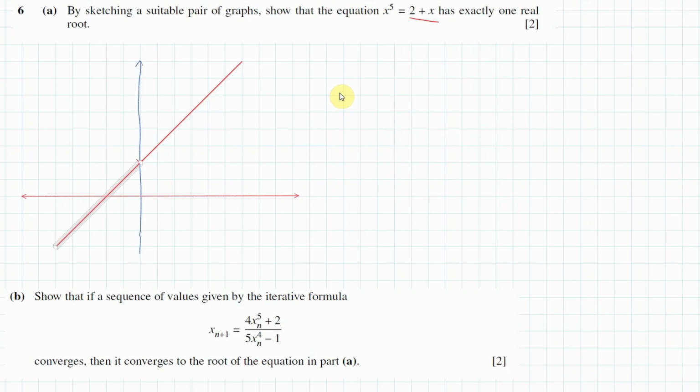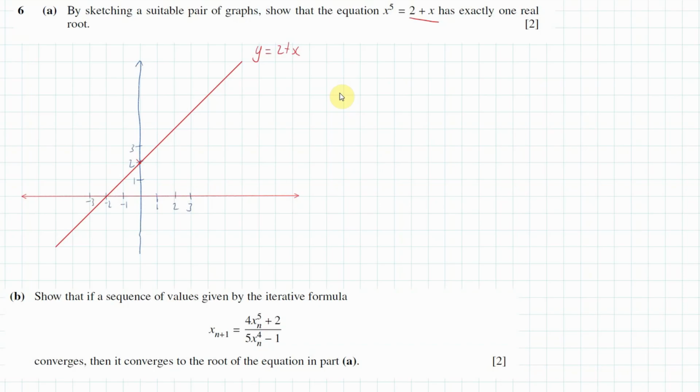Alright, so that's our y equals 2 plus x graph. And I could just put in my, this is 1, 2, 3, 1, 2, 3, minus 1, minus 2, minus 3, and so on.